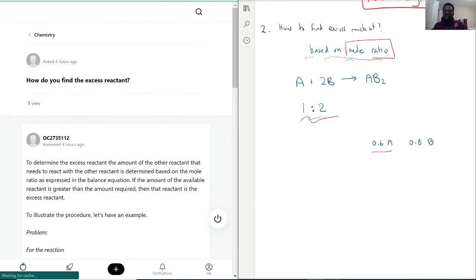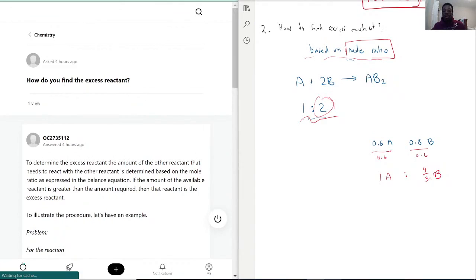And if we divide both sides by 0.6, we get 1A, but the B here is going to be 0.8 divided by 0.6, and we get like 1.3, or kind of like 4/3. Point being though is that, as we see here, we have 1A, but it's not the same anymore. It's not 2. It's 4/3, which is less than 2.